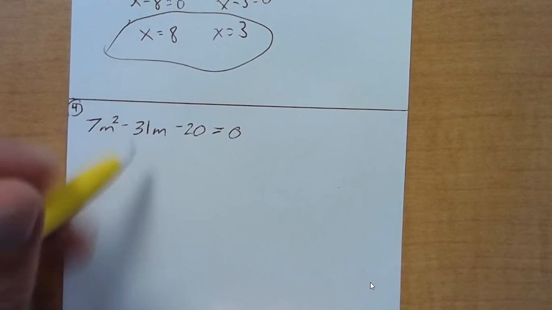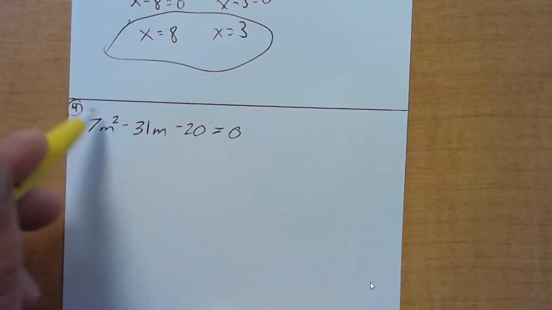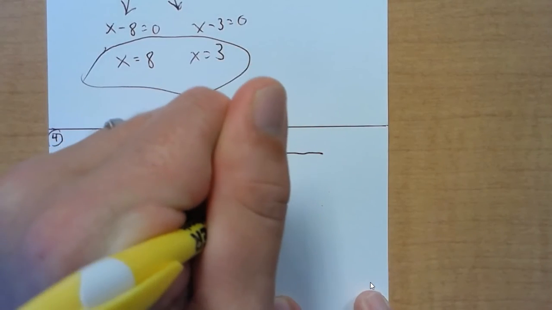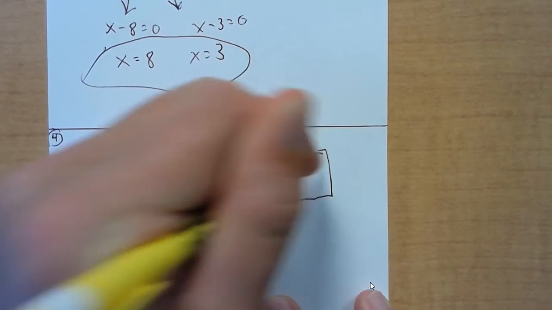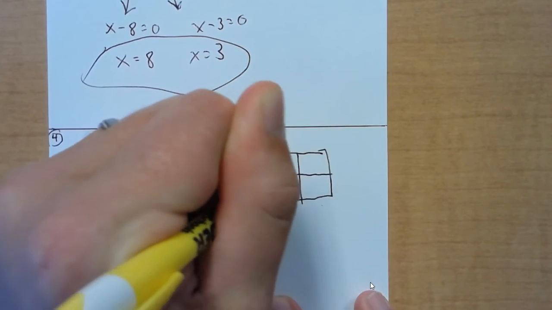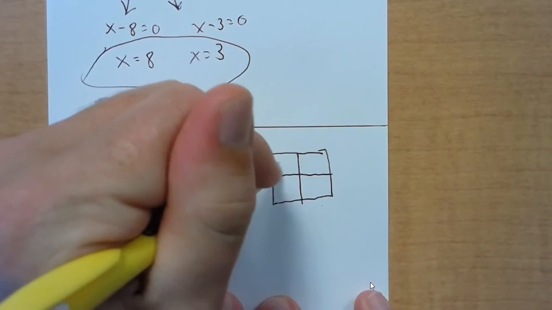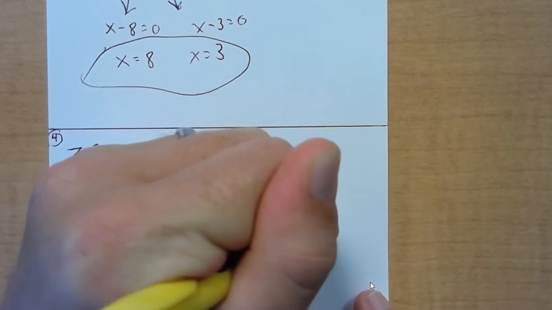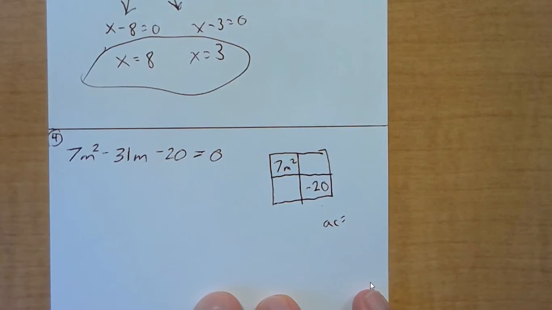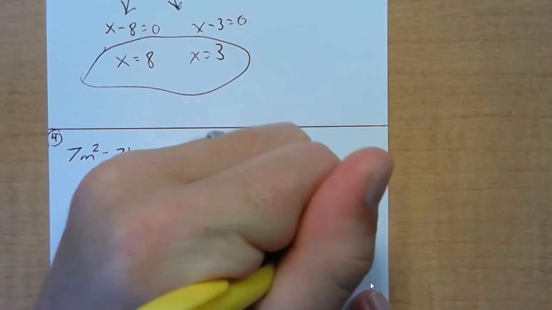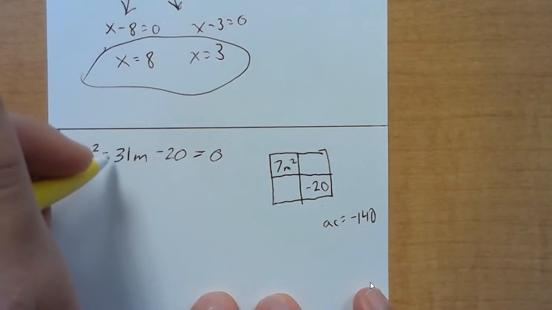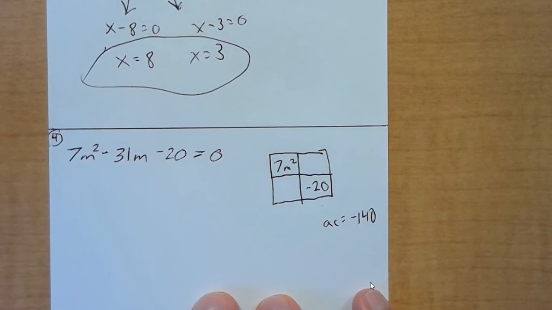And lastly, we've got one where a is not 1, so our box method factoring is a little bit more complicated. That's really all we have to worry about. I'm going to write my AC term off to the side, -140, and that's where I'm drawing my factors. I need them to add up to -31.